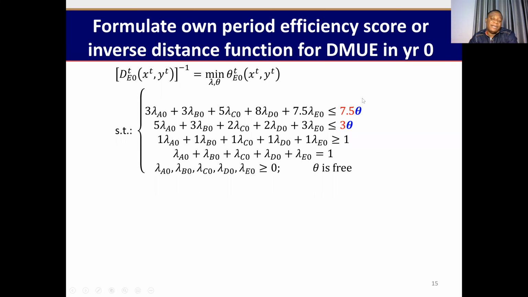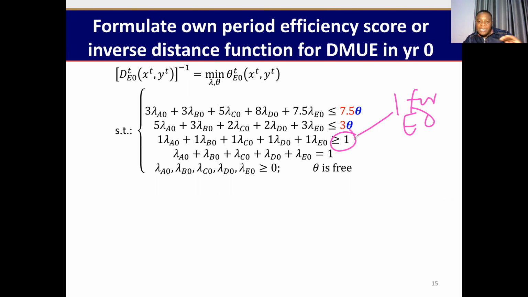They will have the theta multiplying them to indicate that we are doing an input orientation. And then you have the output constraint. It says that the weighted sum of the outputs should be greater than, not less than, the output of the DMU we are considering. So that value of 1 that you see here is for DMU E0.